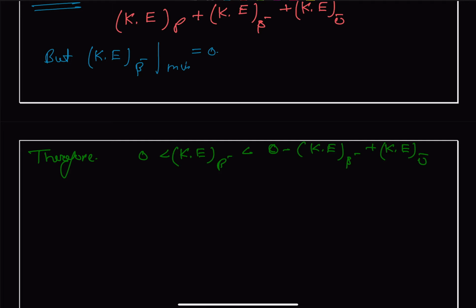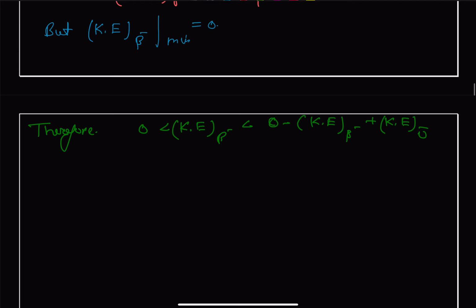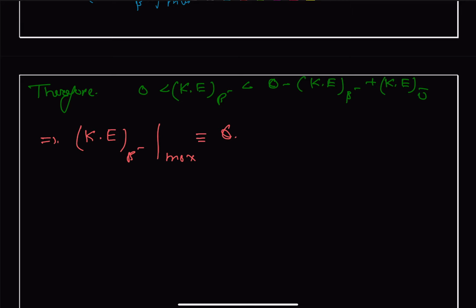Okay. Therefore, from here we can say that the maximum kinetic energy of the beta negative will be equal to Q. So it is going to lie between the range where the minimum value is 0.